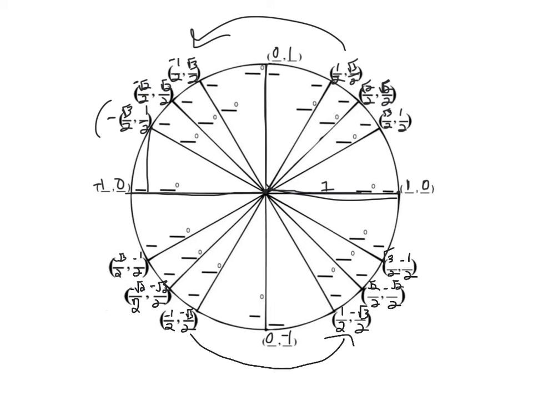And then the degrees, we can do those too. We have 0, 30, 45, 60, 90, 120, 135, 150, 180, 210, 240. Actually, that's not 240. That is 225.